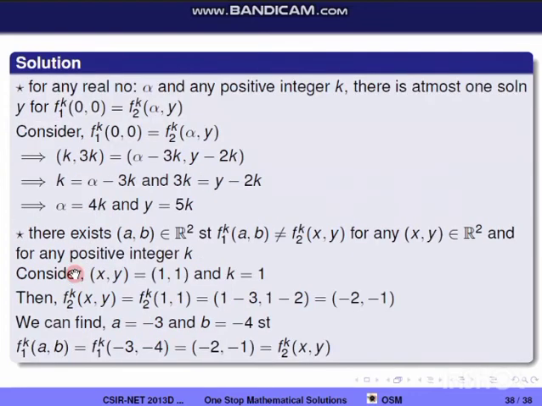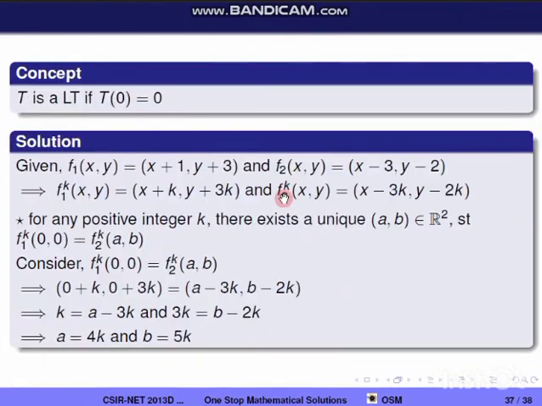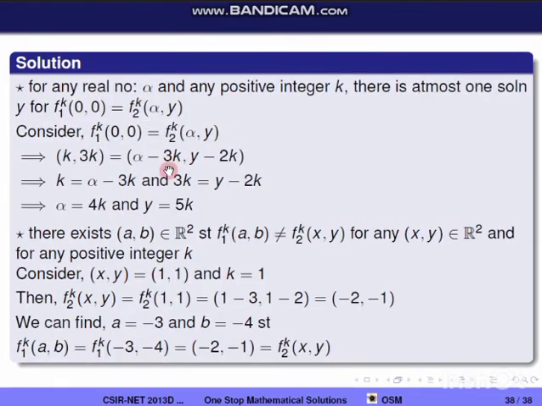Next option: for any real number alpha and any positive integer k, there is at most one solution y for f1 power k of 0 0 equal to f2 power k of alpha y. So consider f1 power k of 0 0 equal to f2 power k of alpha y. Substitute 0 0 in this equation and alpha y in this equation. So we'll get k comma 3k is equal to alpha minus 3k comma y minus 2k.